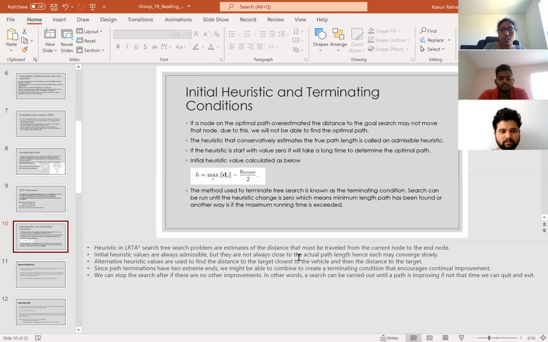Since path terminations have two extreme ends, we must combine them to create a terminating condition that encourages continued improvement. That means if we are calculating a path from point A to point B, there will be multiple different ways we can take.